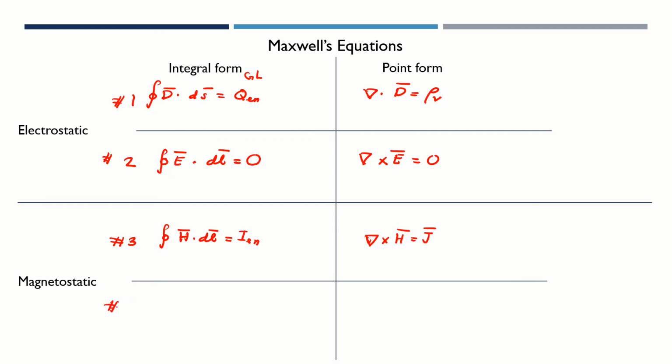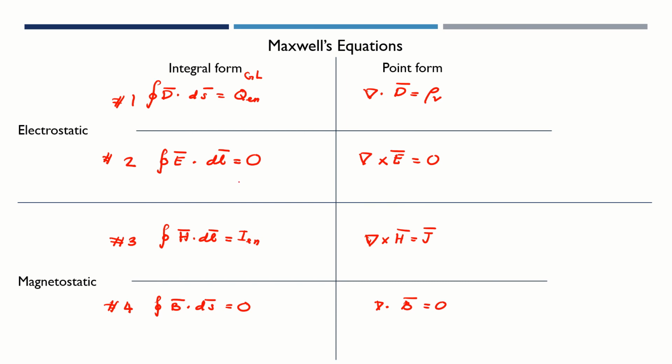And the last, Maxwell equation number 4 for the magnetostatic world, is closed loop integration B dot dS equals 0, and del dot B is equal to 0.